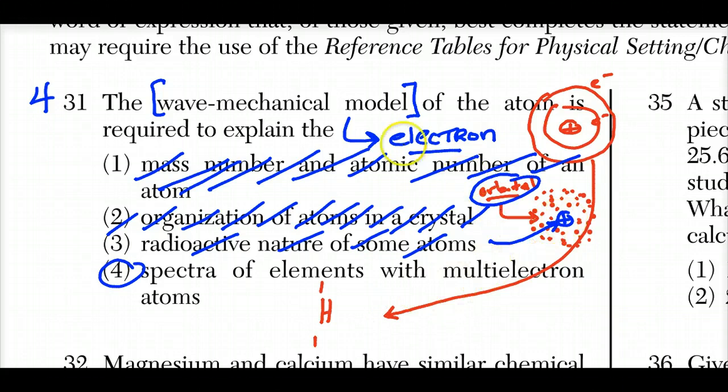So the wave mechanical model or quantum mechanics was able to somewhat try to explain why multi-electron atoms, remember hydrogen only has one, gave off the different types of spectral lines. So the only way to explain anything beyond hydrogen, we needed a better model than the Bohr model, and the wave mechanical model is what did that.